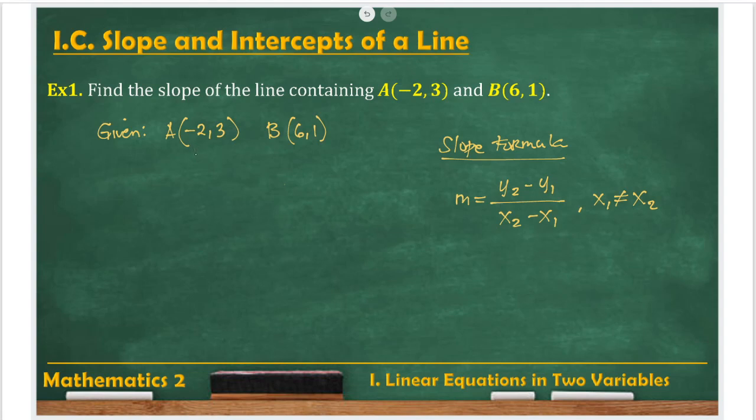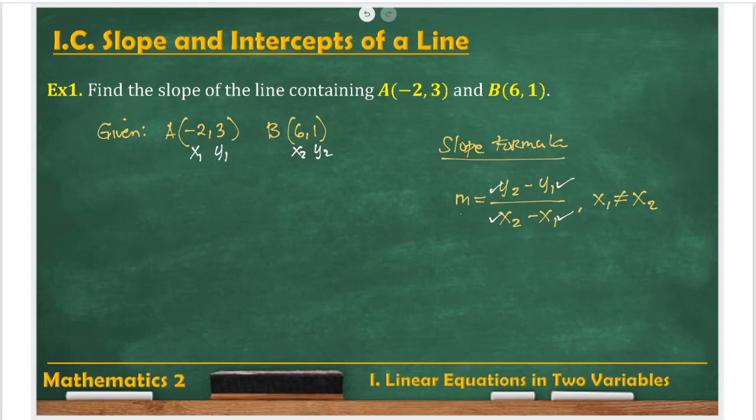Now suppose we assign x sub 1 to -2 and y sub 1 to 3, and x sub 2 to 6 and y sub 2 to 1. Then from the given, we have all the values for x sub 1, y sub 1, x sub 2 and y sub 2.